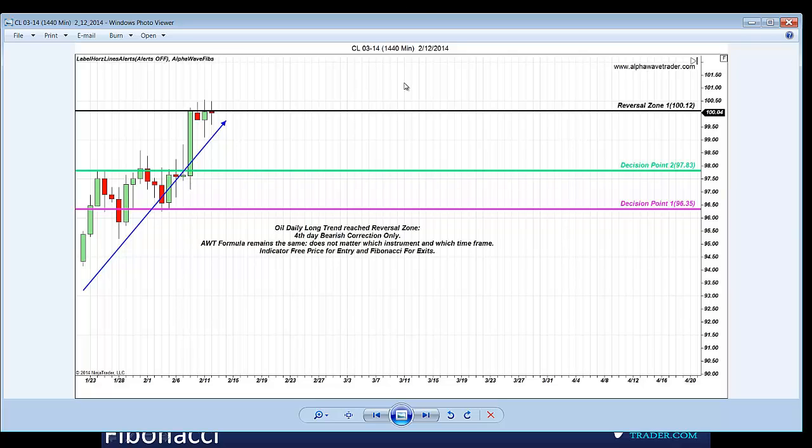This is oil in the month of February. All the levels were drawn in 2013, month of September. The oil daily chart spelled out where the reversal zone would be. That's where oil staged a bearish correction, but pay attention to the dance between these levels.